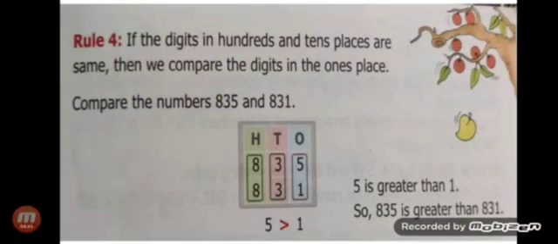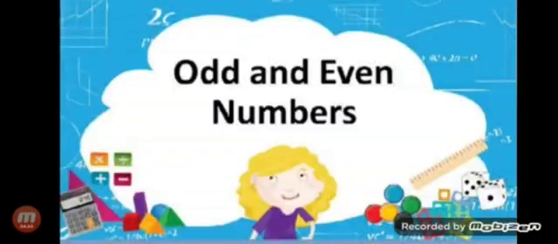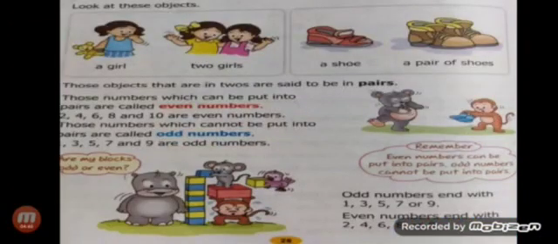So, let's move on to one more topic: odd and even numbers. When we look at these objects, you can see there's one girl and 2 girls there. There's a shoe and a pair of shoes. Those objects that are in twos are said to be in pairs.